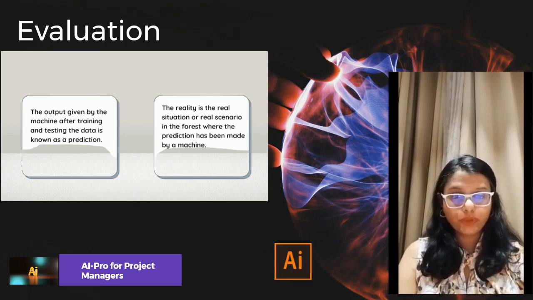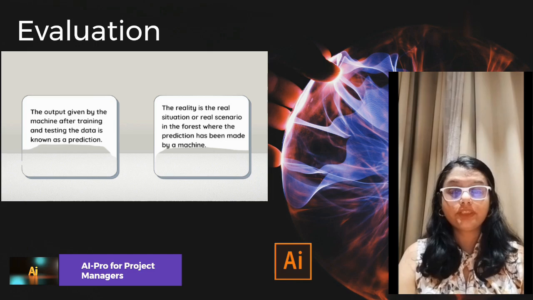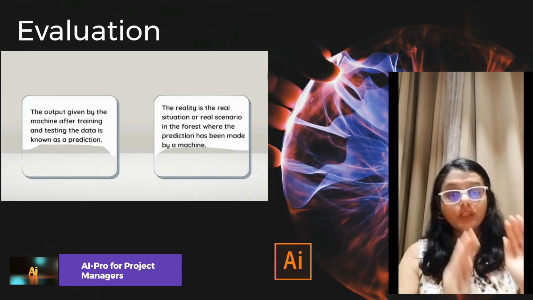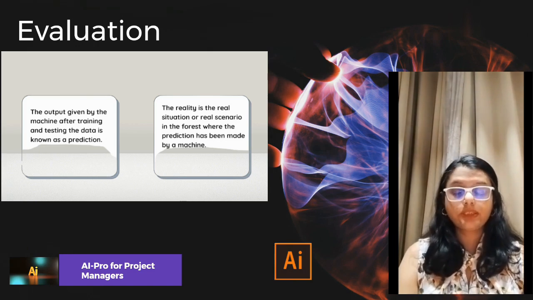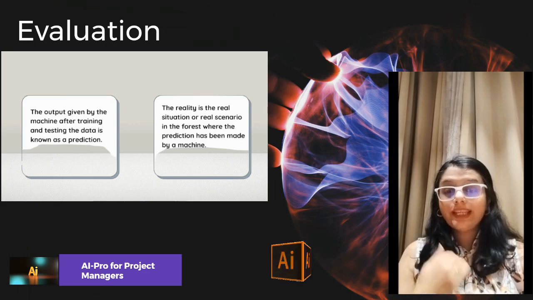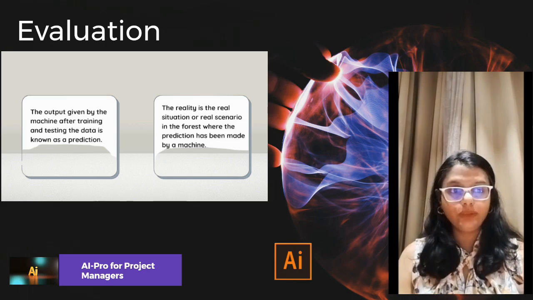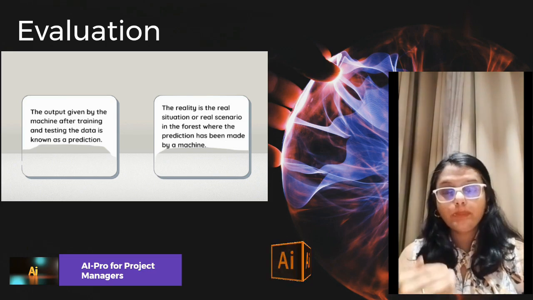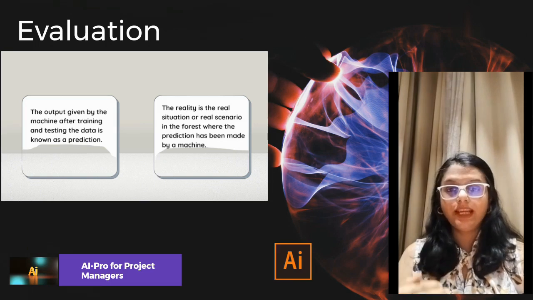There are two basic steps of essential importance for this evaluation process, which are called reality and prediction. Reality is the real scenario or the real situation, and prediction is the output given by the machine based on the training and testing of the data sets.